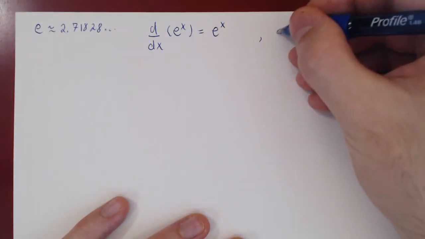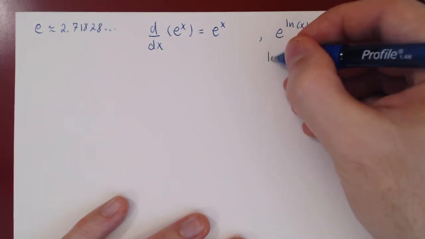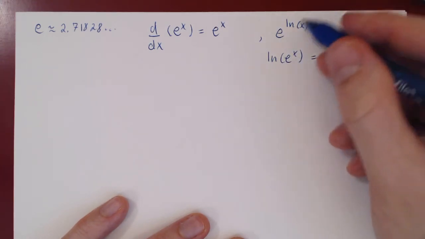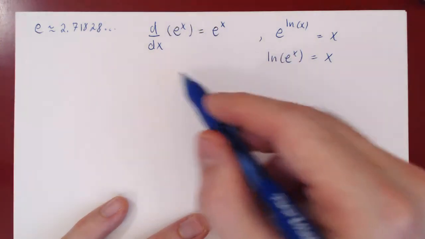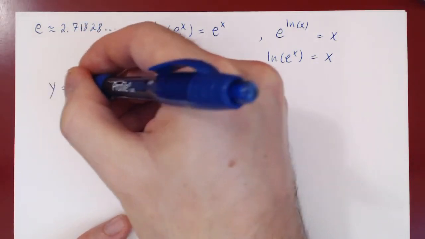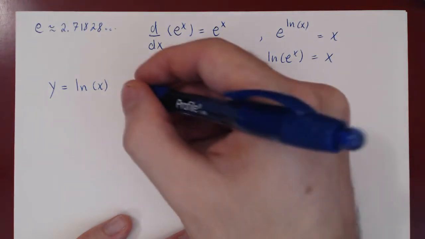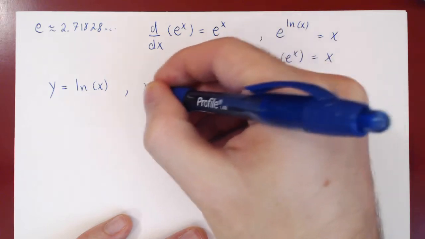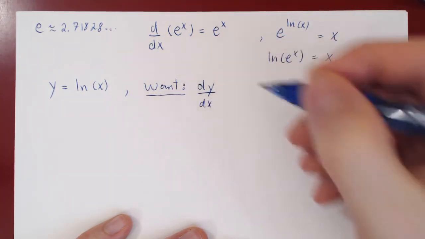And we know that ln is the inverse of e, so e to the ln of x equals x, and the ln of e to the x is also equal to x. With this relationship, we will be able to find the derivative of ln of x from the derivative of e to the x. So let's start with our function, y equals ln of x. What we want is the derivative of ln of x, hence we want dy over dx.